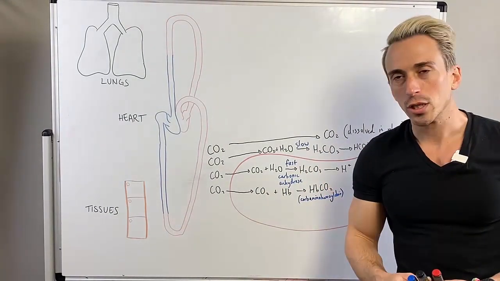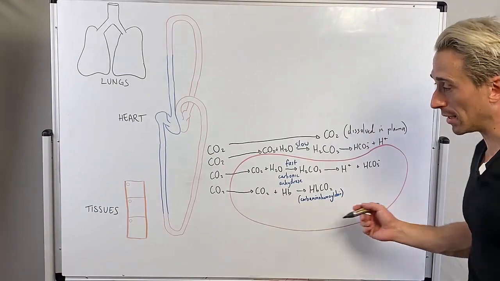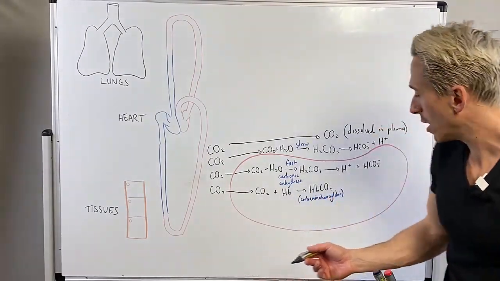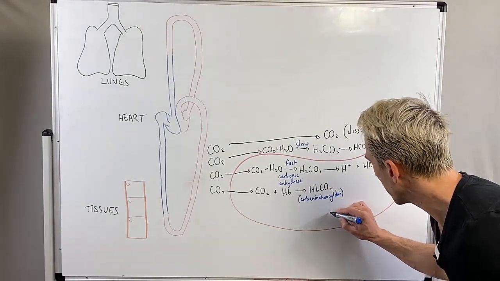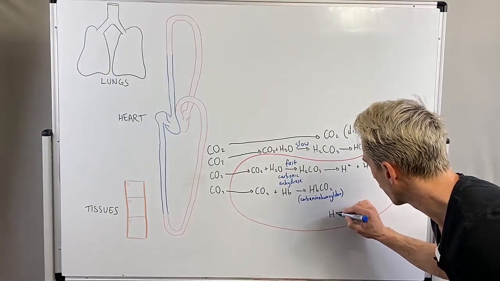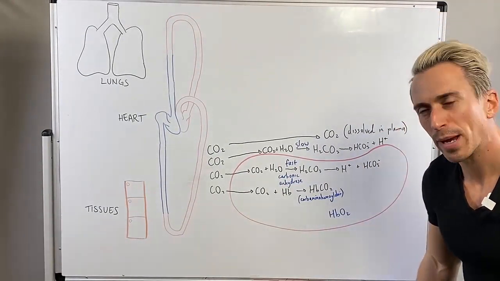What about oxygen? Well, we know that oxygen is going to be in the red blood cell and we need to get it out to the tissues. So what we've got, for example, is oxygen bound to hemoglobin. Right? This oxygen is bound to hemoglobin.